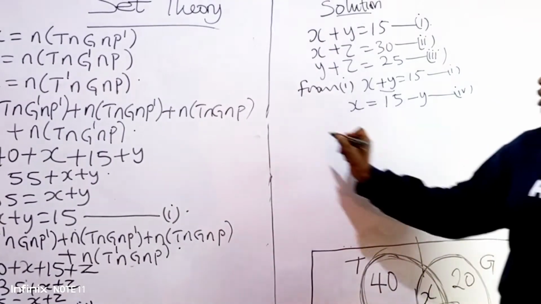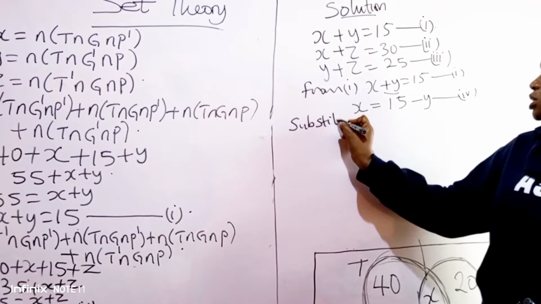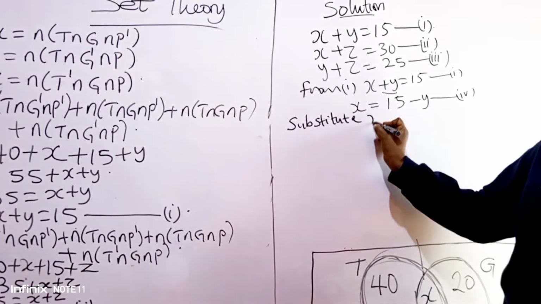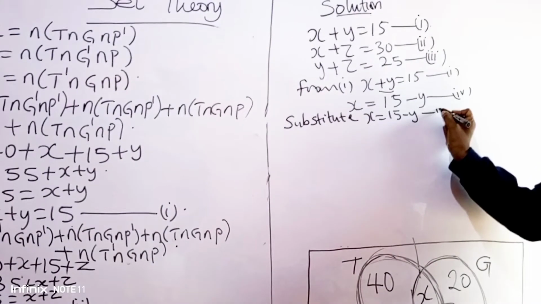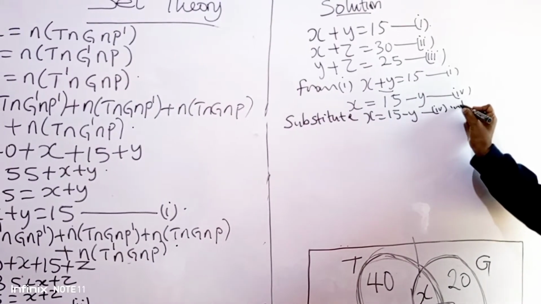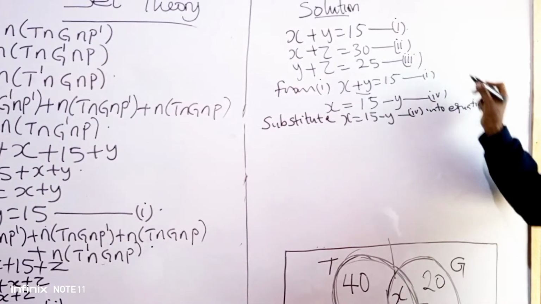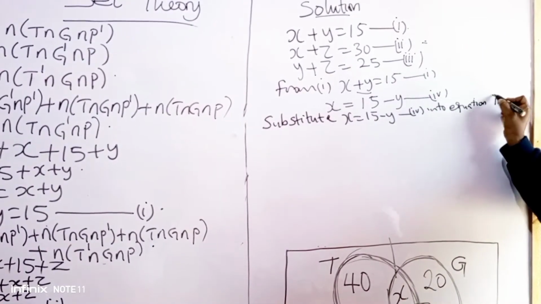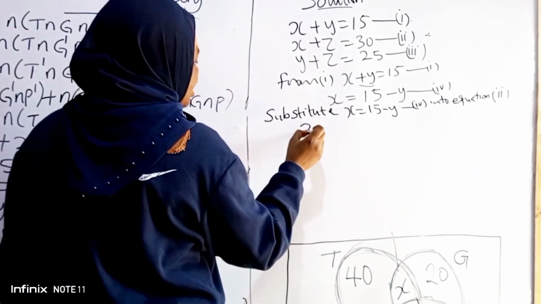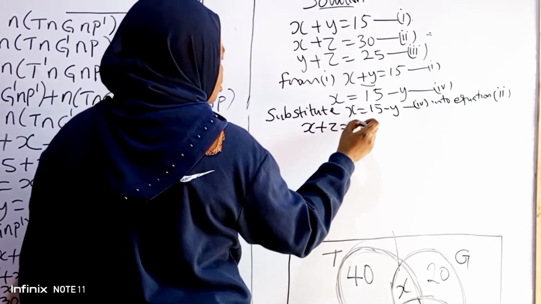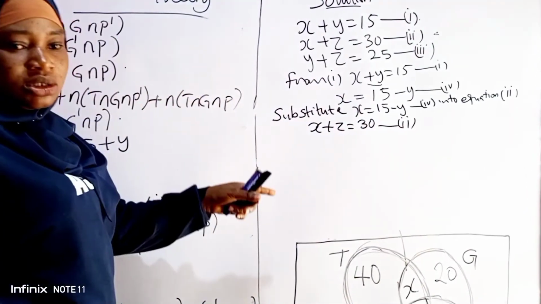Substitute x is equal to 15 minus y, which is equation 4, into equation 2. Equation 2 is x plus z is equal to 30. You write it so that the examiner will know exactly what you are talking about.